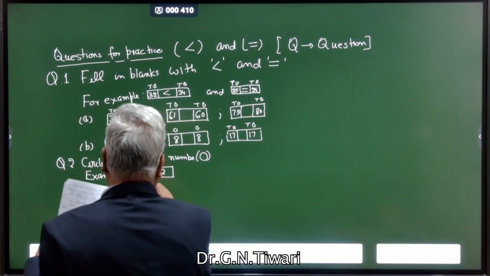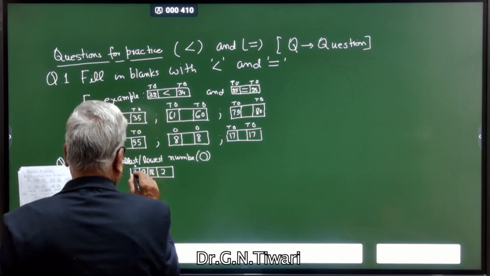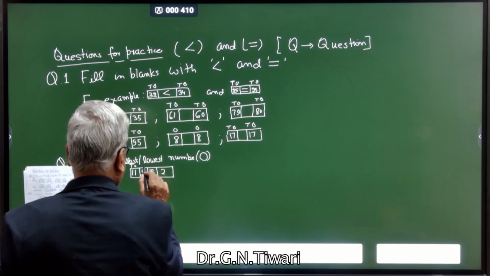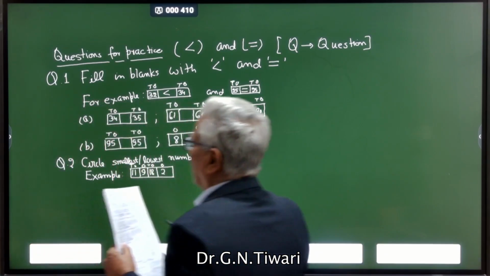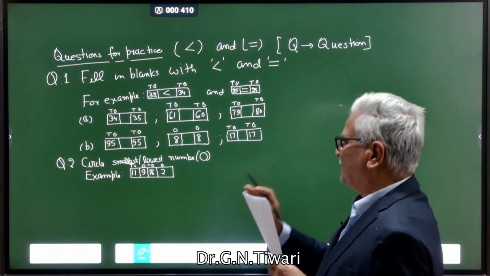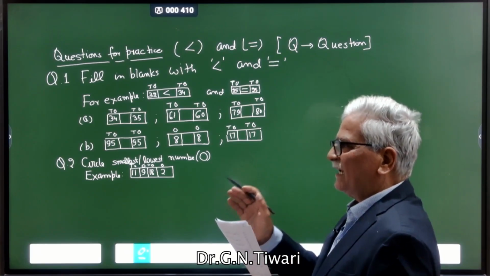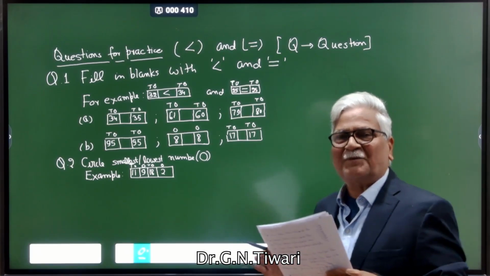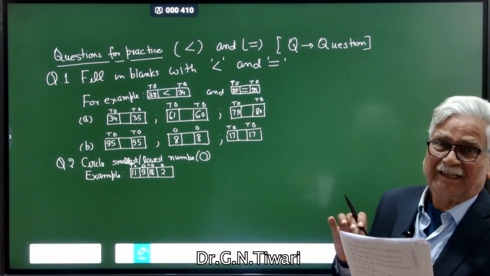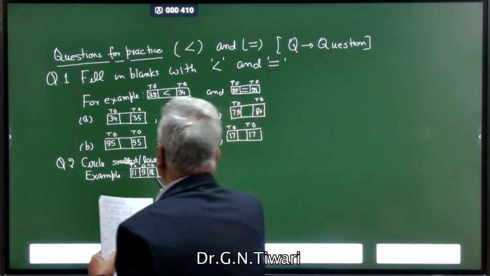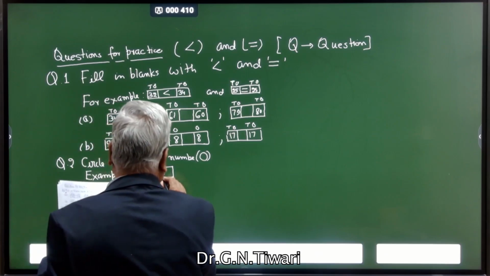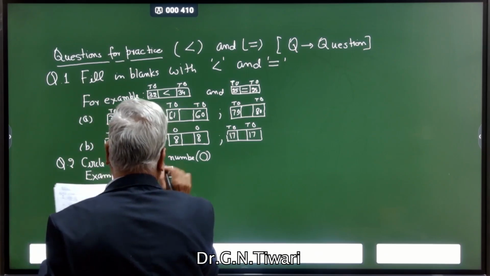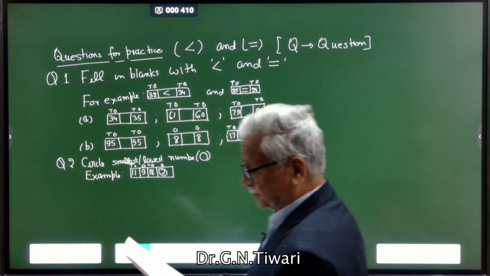Again write O, T, O, O, T, O. Now just see here. If there are numbers with O and T and only O, the smallest number will be the single digit. So there are 2 smallest numbers, 9 and 2. You know very well 2 is lower than 9. So just make the circle for that.